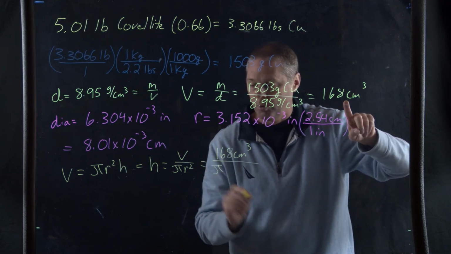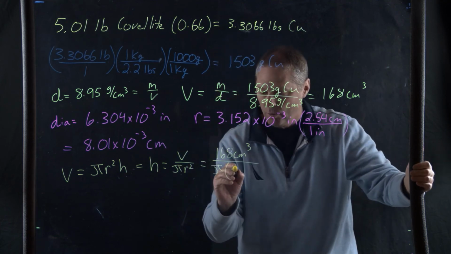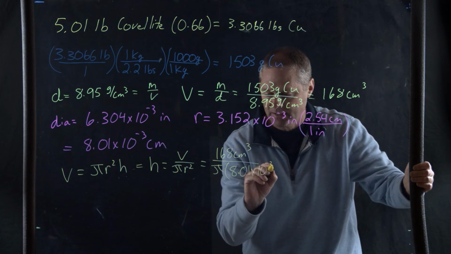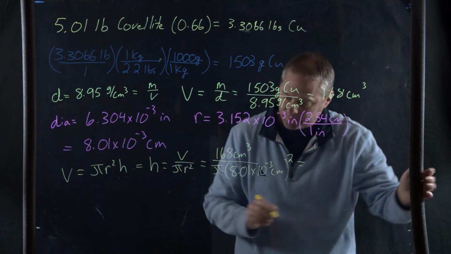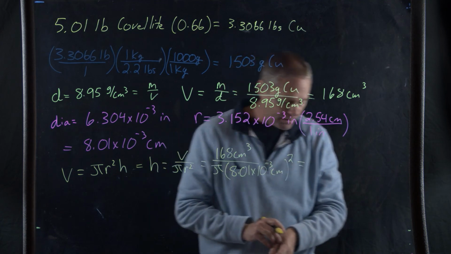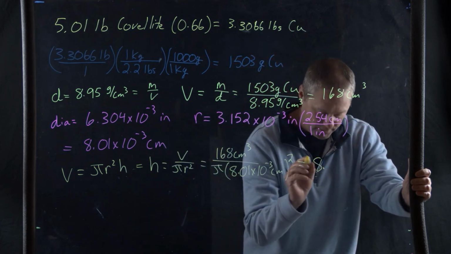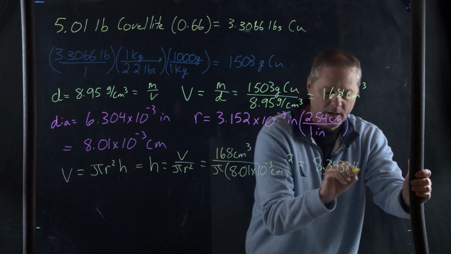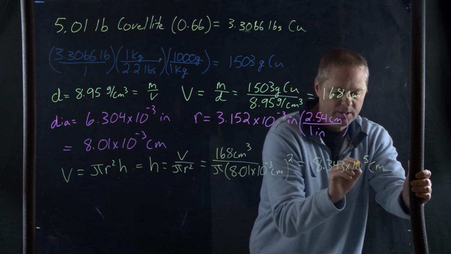Pi is going to be 3.14. Our radius we found here, which is 8.01 times 10 to the minus 3 centimeter, and we have to square that. We do this arithmetic quickly, and what we get is 8.343 times 10 to the 5th centimeter.